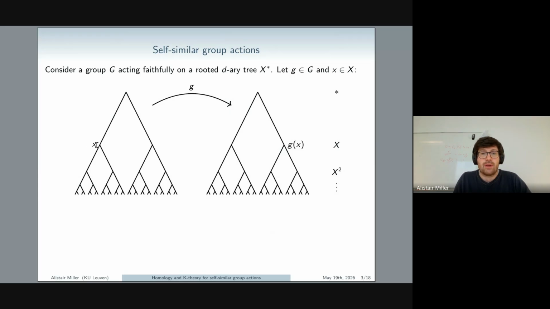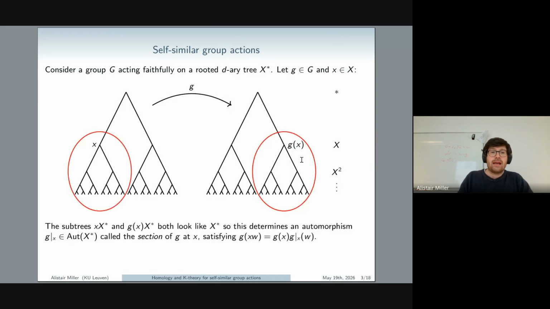If I have something on the first level, I'm going to call it a letter. If I have a letter x, you can see my mouse, right? Yeah, okay. This has to be sent to another letter, let's say g of x. Now, because this is a tree automorphism, the subtree at this letter has to get mapped to the other subtree.